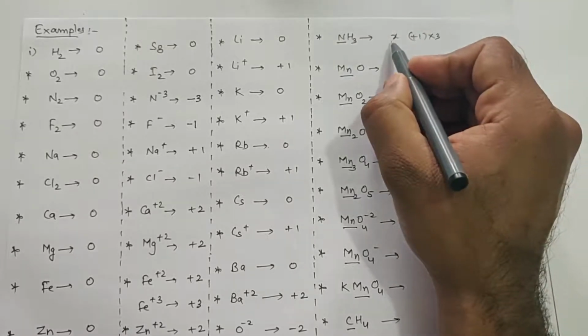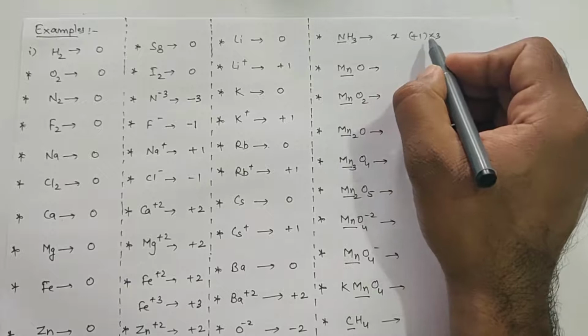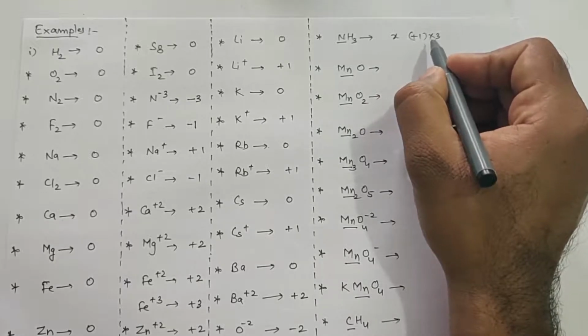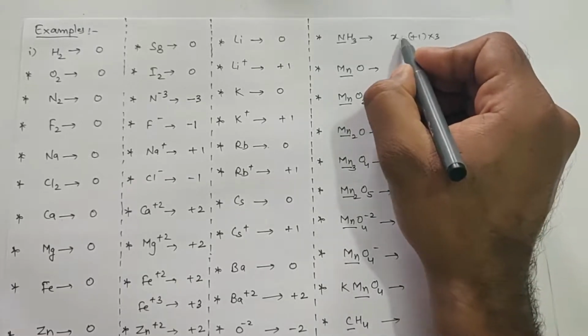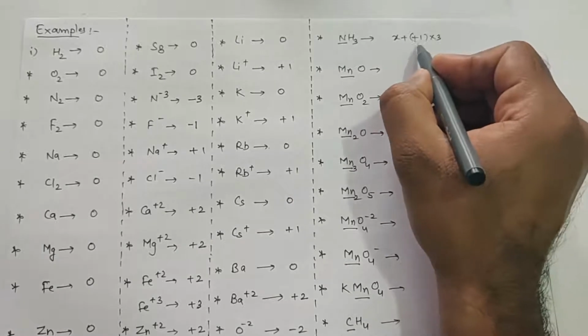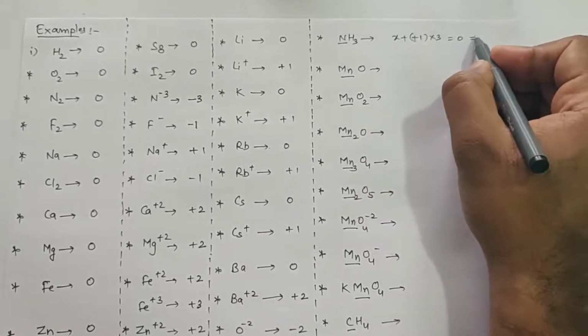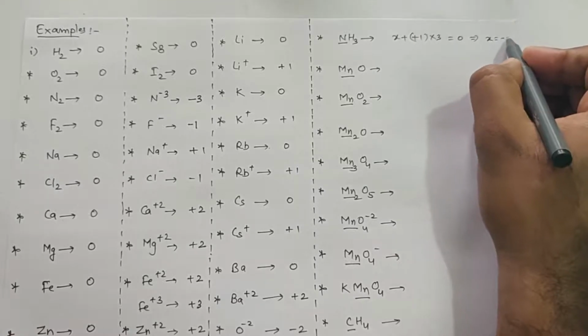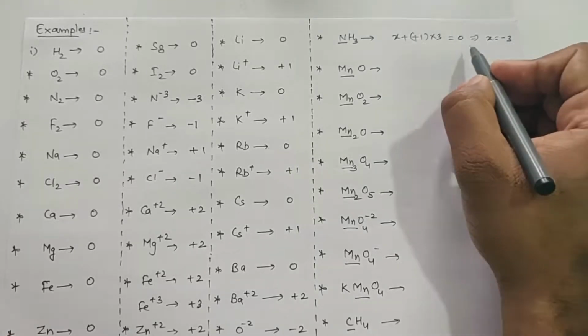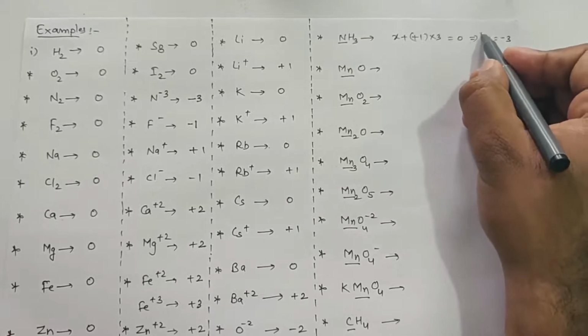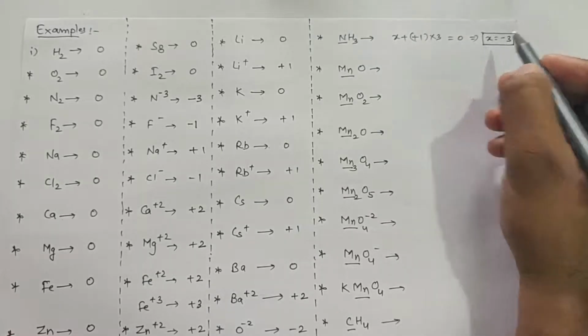The algebraic sum of oxidation number of all the atoms present in a molecule equals 0. So X plus this, the oxidation number of 3 hydrogen, equals 0. It will give us X equals -3. It means in this compound nitrogen is present in -3 oxidation state.